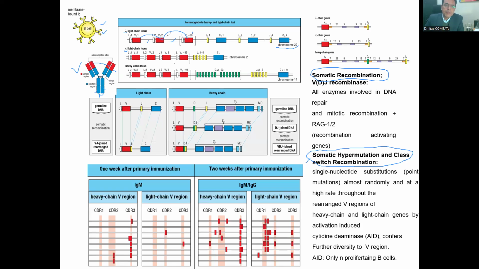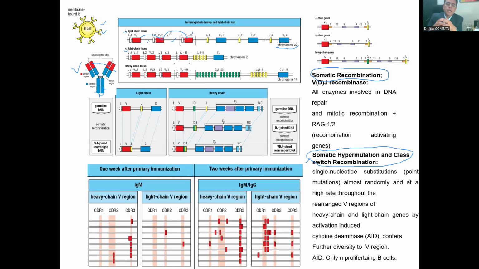You can just imagine, and those intervening segments should be taken out of this DNA in order to bring them close together. So this is accomplished with the help of this process of recombination, or somatic recombination, this gene rearrangement that takes place here. They are combined in different ways.